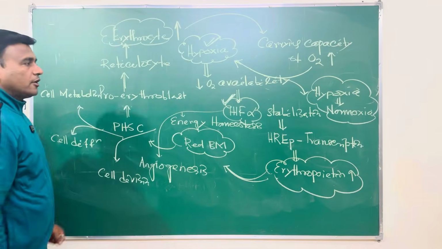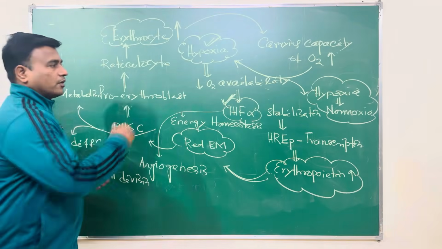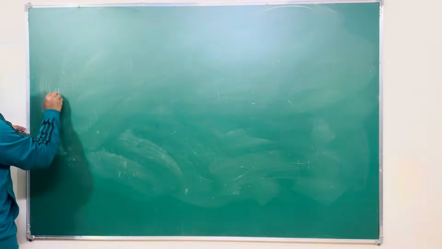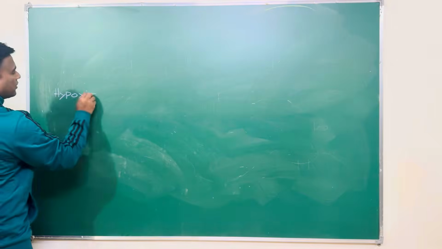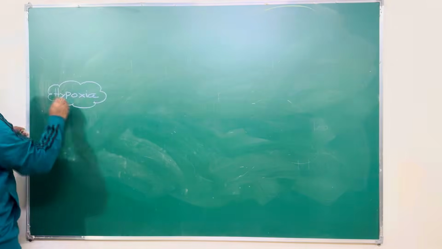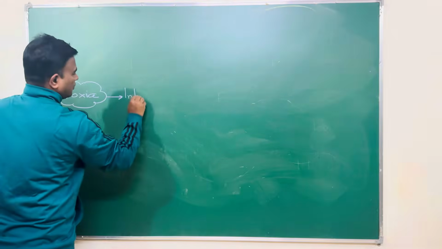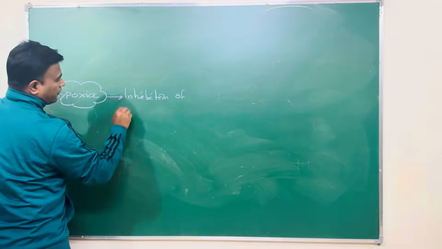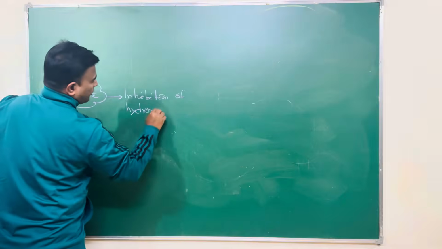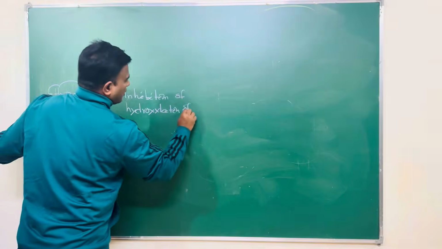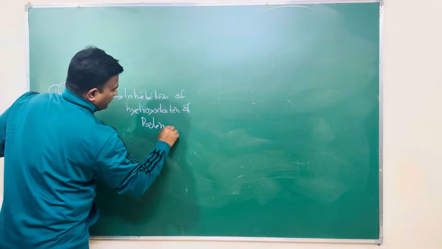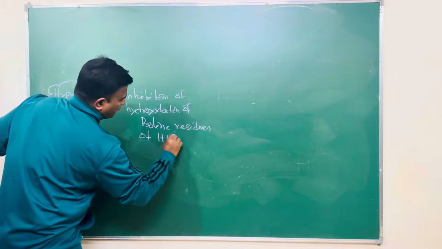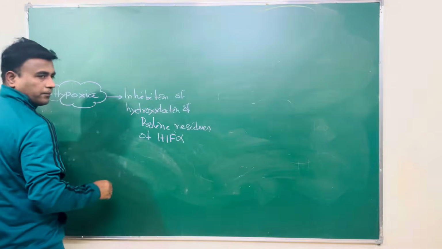Let's conclude this class with a master flowchart. So this is the master flowchart: hypoxia, inhibition of hydroxylation of proline residues of HIF, particularly alpha.